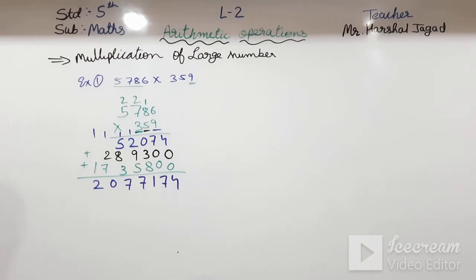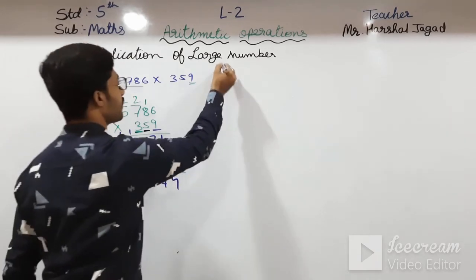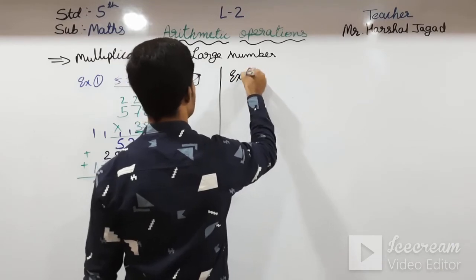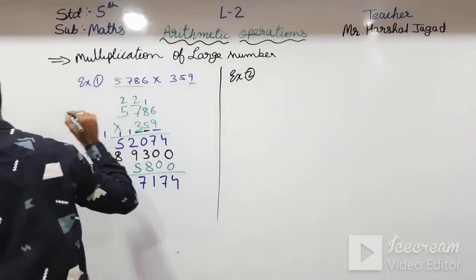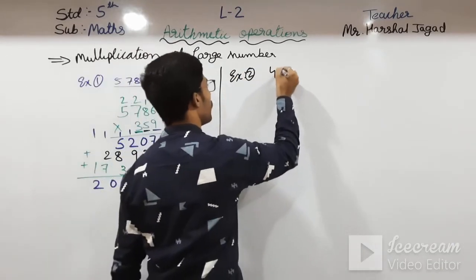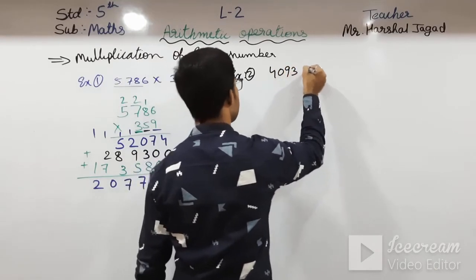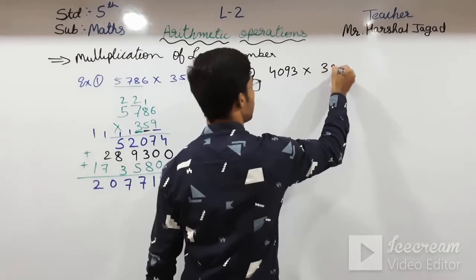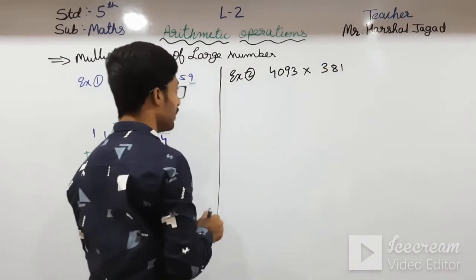See here, there is another example. Let us do it. Example number 2 is 4093 into 381. So how will we multiply this?